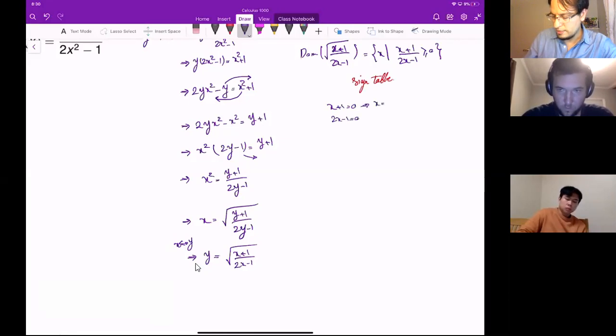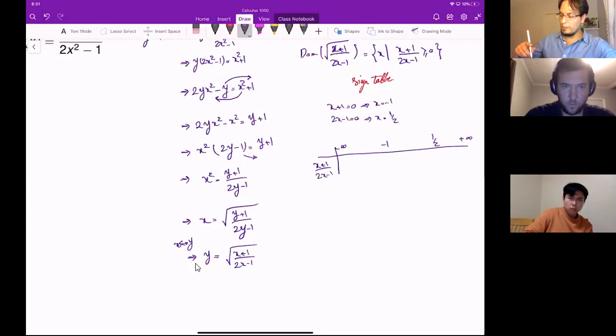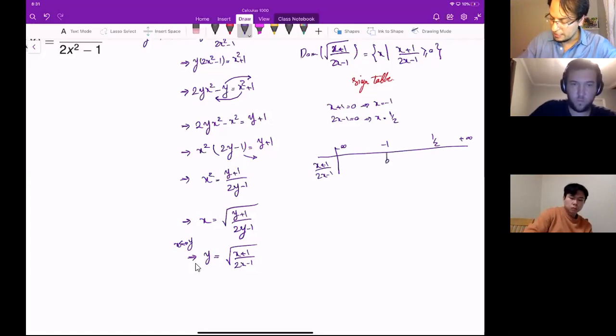From there, you get x equal to negative 1. From here, you get 1 over 2. Then you list all the values there: negative 1, 1/2, minus infinity, plus infinity. And we have x plus 1 and 2x minus 1. We know that when we plug in negative 1 for x, the expression is 0.